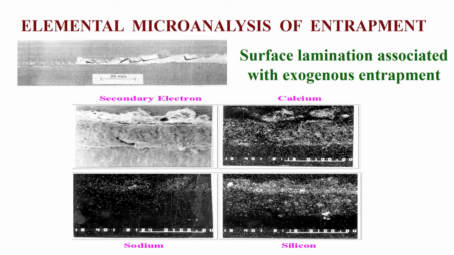So, what I am again and again harping on is that the EDX or WDX attachment of the scanning electron microscope will help us in identifying what elements are present in the defect area or in proper, normal steel, and if we find something abnormal, some abnormal elements present, that means they have come from some exogenous entrapments. So, now we know from our experience where they have come from and we have to be careful in future.